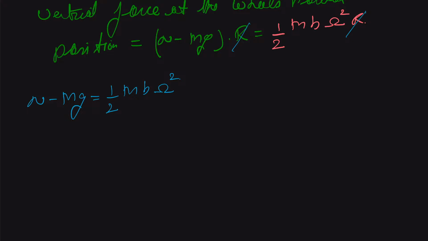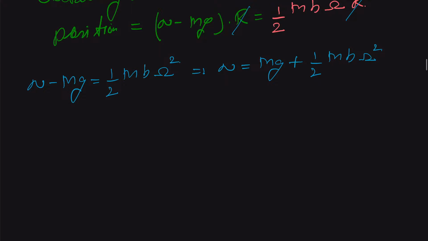And from here we can also write that n will be equal to mg plus 1/2 m b omega square, and we are supposed to find out the ratio. The ratio we are required is n upon mg, so we are going to divide this entire equation by mg.